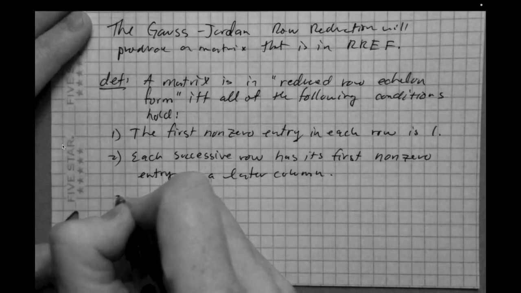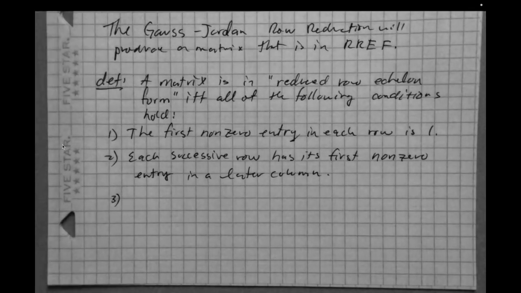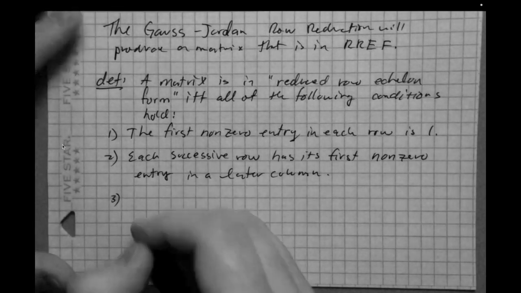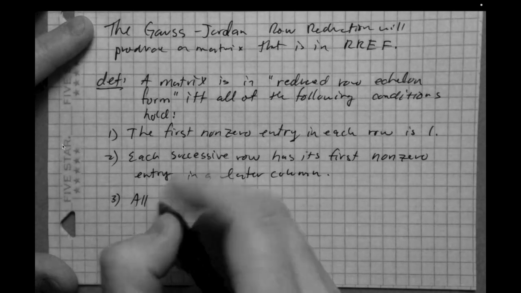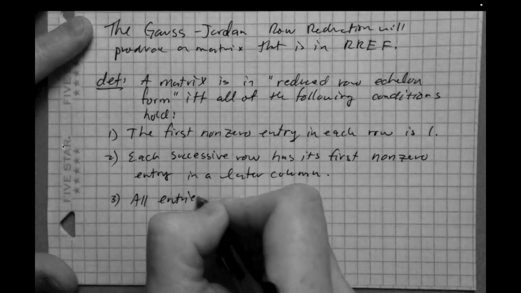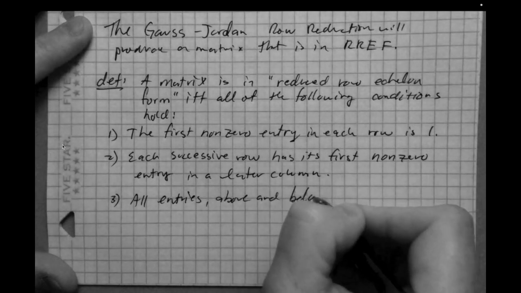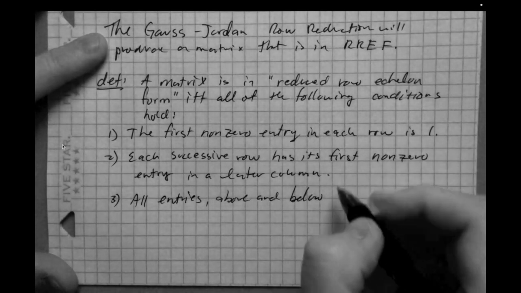What about item 3? All right, condition 3. All entries above and below the first non-zero entry of each row are 0, right? And so this is the Gauss-Jordan reduction piece.